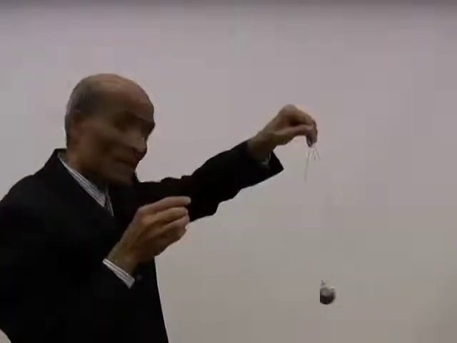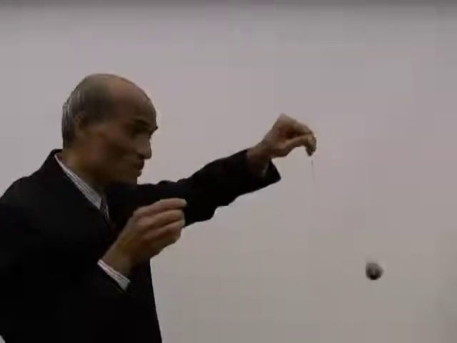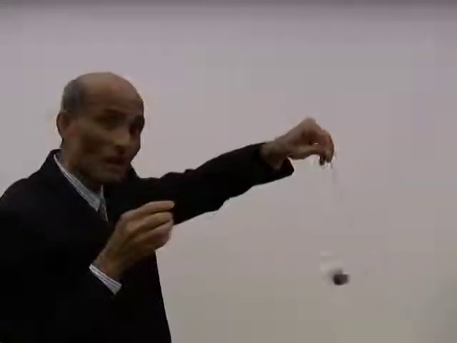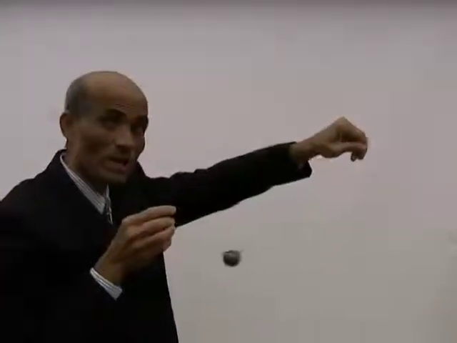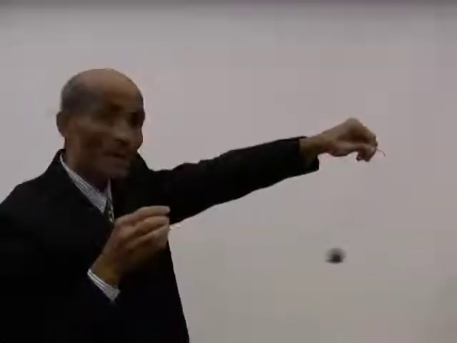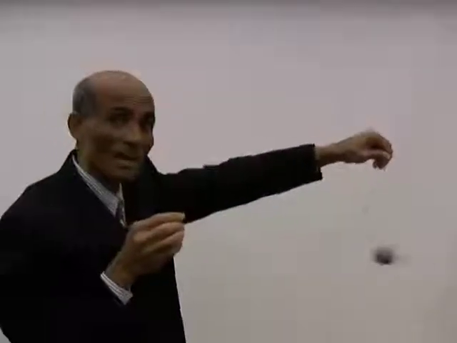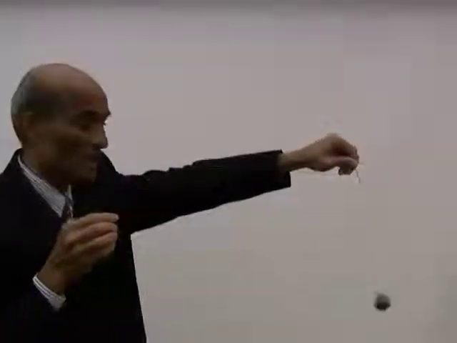Now, if the speed is increased, that angle will increase. See what happens? I'm increasing the speed, the angle is increasing. If I decrease the speed, the angle is decreasing.